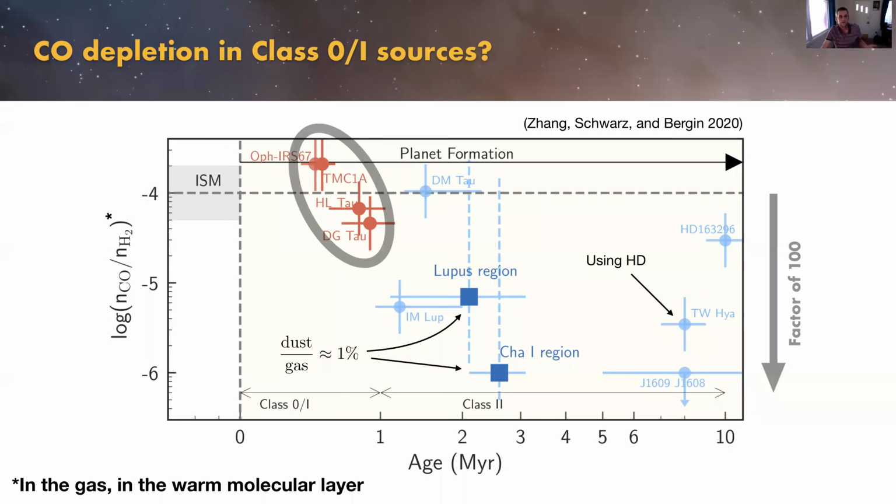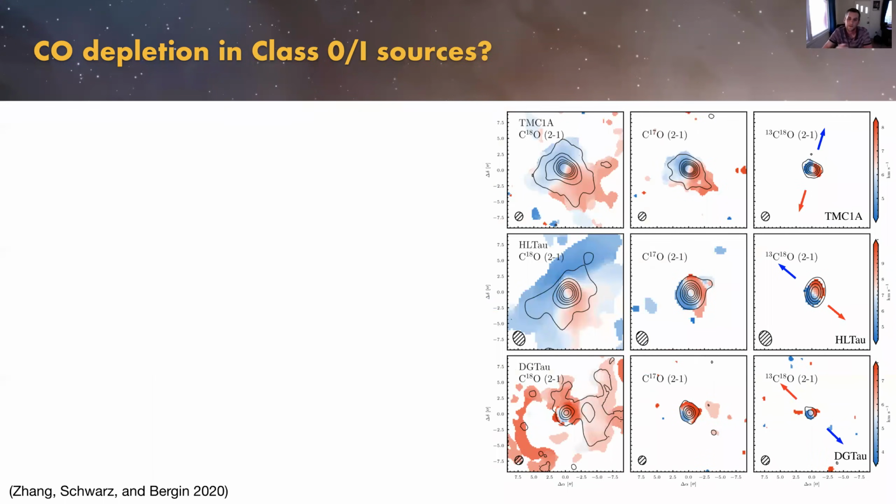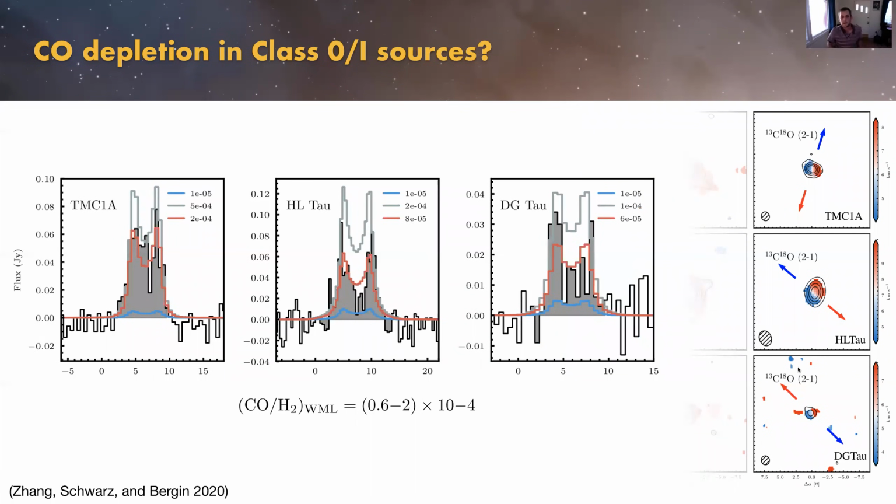Younger systems are a bit harder because they tend to be embedded still. But Coco again used this time the NOEMA interferometer to observe 3 systems, TMC1A, HL Tau, and DG Tau in different CO isotopologues. And by using this last one, which is the most optically thin one, for which it's most obvious that the emission is coming from the disk, she was able to model these systems, or reproduce these lines.